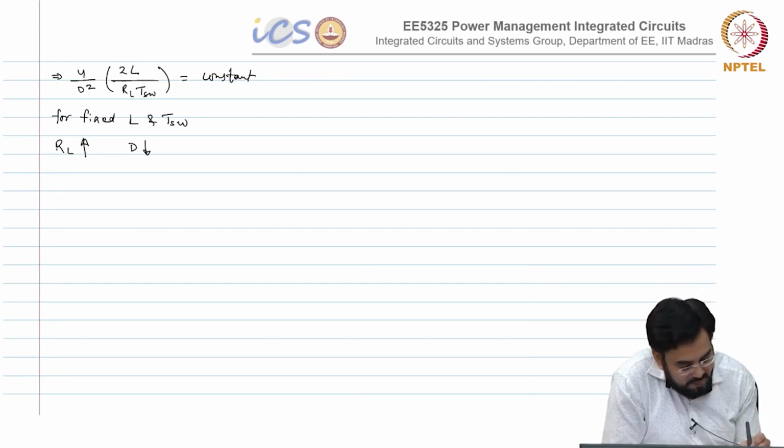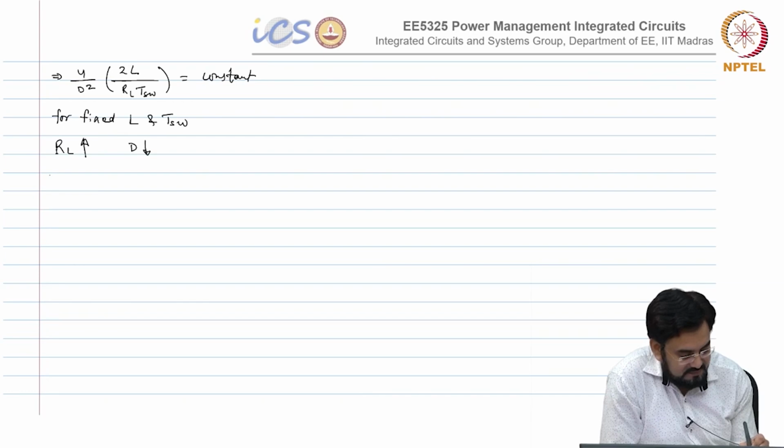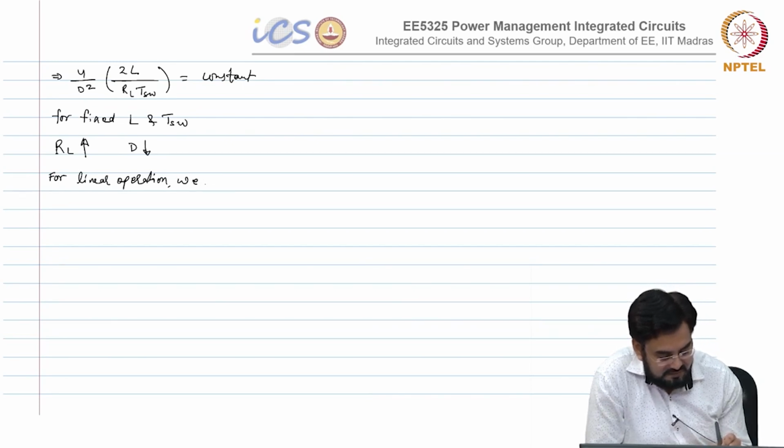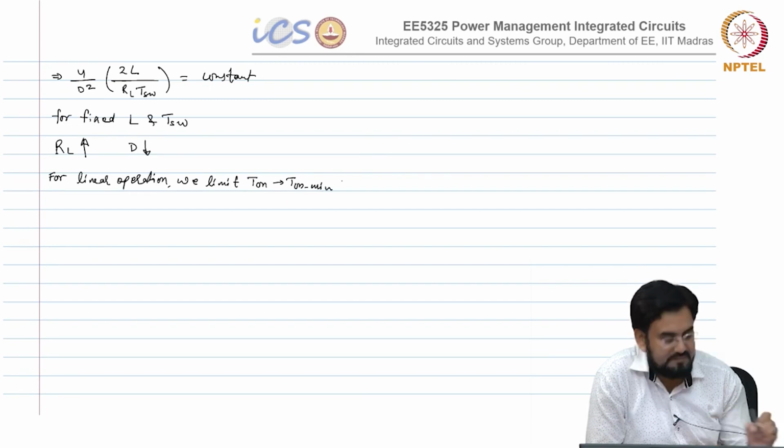So, that is why for linear operation we limit T on to T on min.